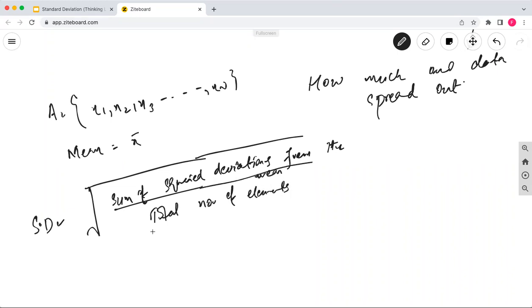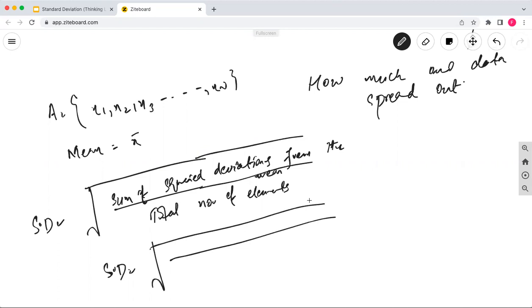And how can we write this? On the numerator, we have the sum of the squared deviations from the mean. For each element, we need to find the deviation from the mean, take the square, and add those. The mean is x bar.